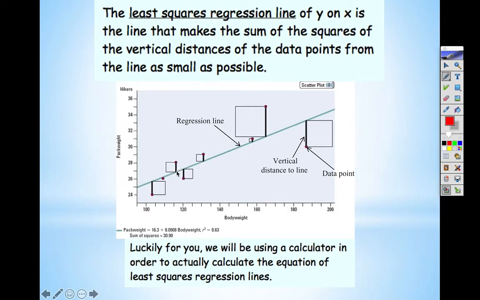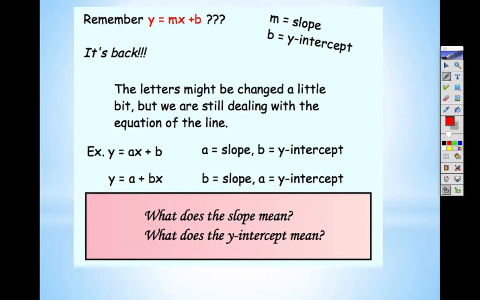That vertical distance is called a residual, but it squares it, and it makes it so if you take this square's area plus this one plus this one plus this little one, it should equal this one and this one. So the area of the squares on top equals the area on the bottom. The line goes right down the middle of that area, and presto, you have the best line of fit for the scatter plot.